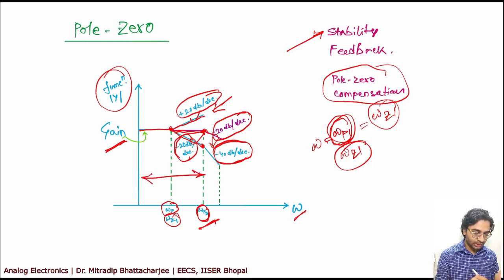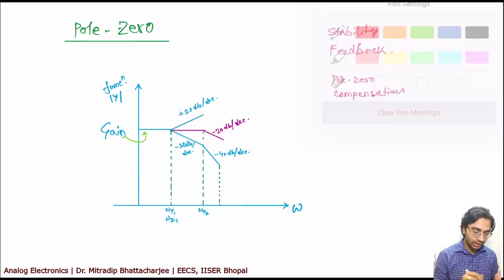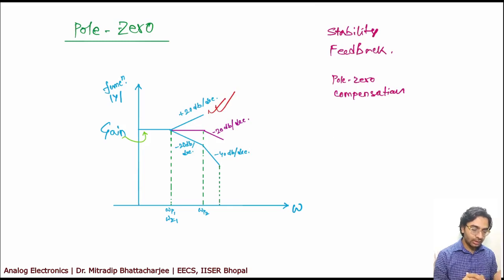Previously your bandwidth was only till WP1, because till WP1 the gain was constant, and when you incorporate a zero at that point you can make it constant till WP2, the next pole. That way you can play around with the circuit and increase the gain to some extent. So this is why the pole zero part is important.